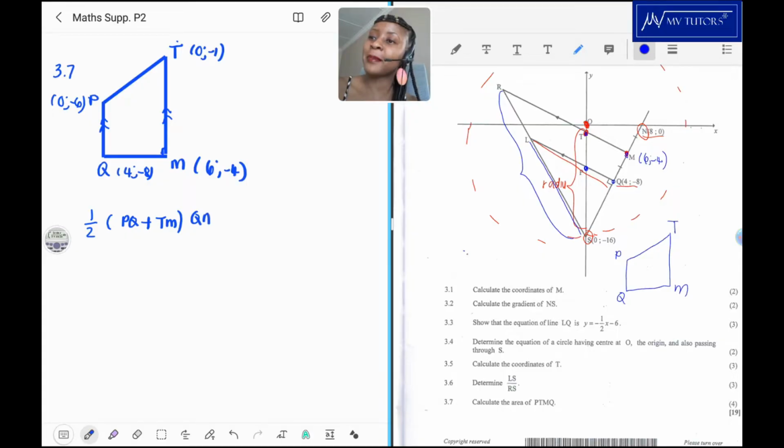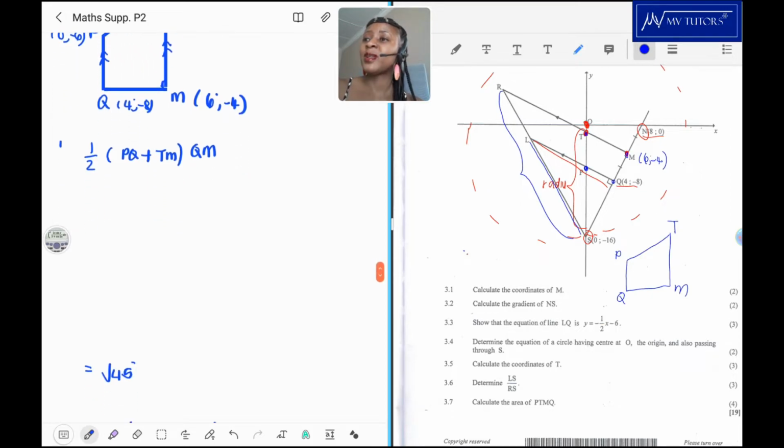That's QM. And as you can see now, we're going to have to calculate the lengths of PQ, TM, and QM. So the area is equal to that.